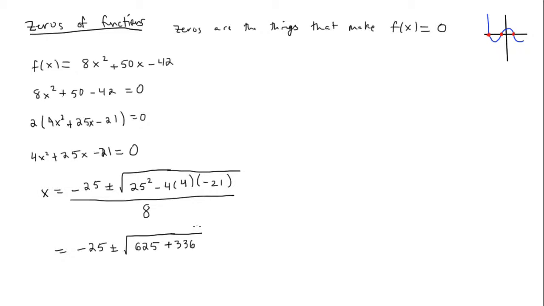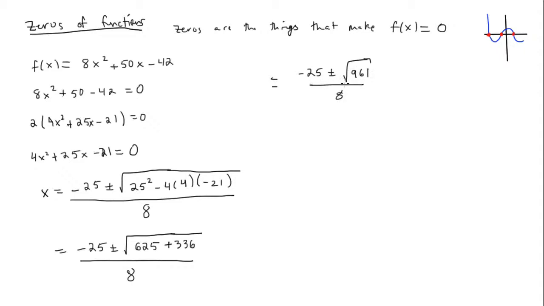I want to add that to the 625, so 625 plus 336 gets us a total inside the square root of 961. So this is equal to negative 25 plus minus the square root of 961, all over 8.